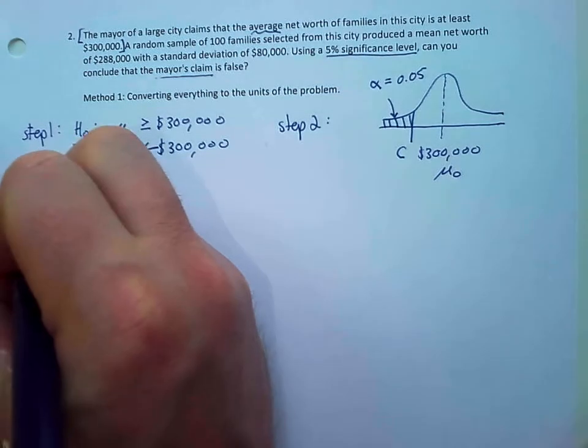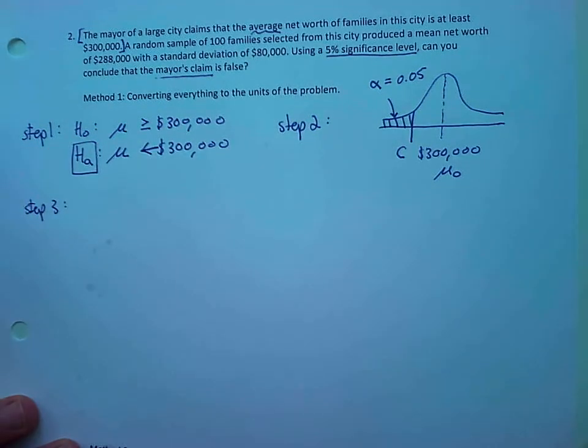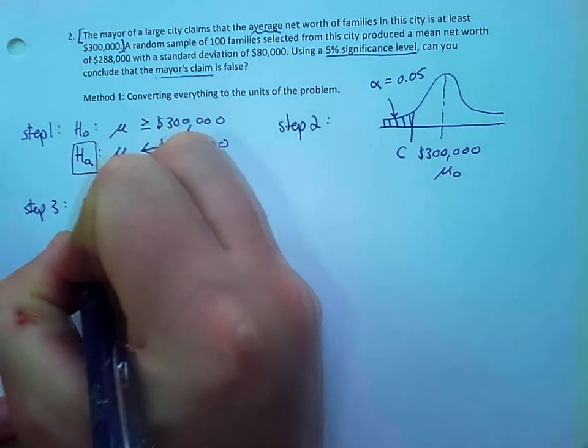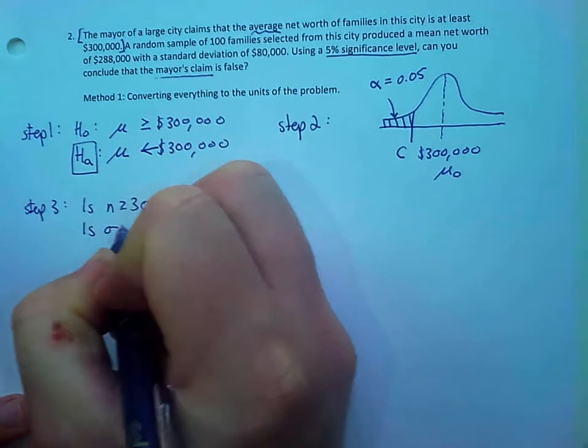What's step number 3? Step number 3 is the first step that we took in Chapter 7 questions whenever we were dealing with estimations of means. And that is n greater than or equal to 30, and is sigma known?